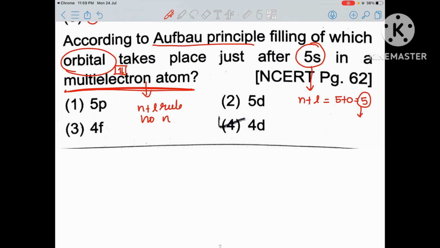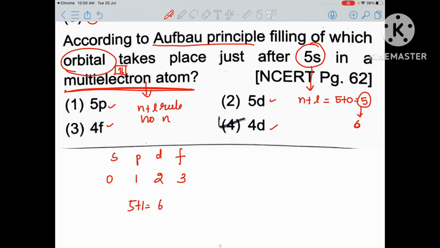After 5, the number 6, so n plus l is coming as 6 for all these. That is your answer. Check out the options. 5p: s, p, d, f are 0, 1, 2, 3, so 5 plus 1 comes out to be 6.